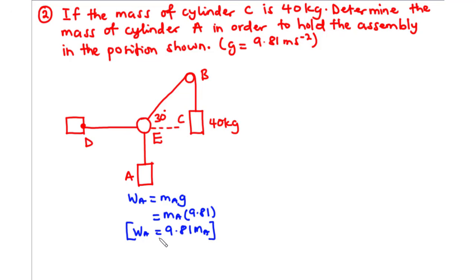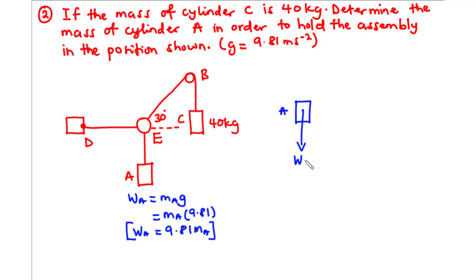Now let's focus on the two cylinders. Since we want to find the mass of cylinder A, we need to focus on the sum of forces along the y-axis, because we have no business calculating the sum of forces along the x-axis. Now considering cylinder A, we have the weight of this cylinder acting vertically downwards.